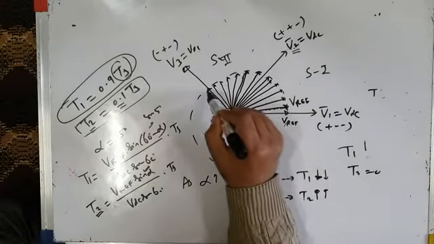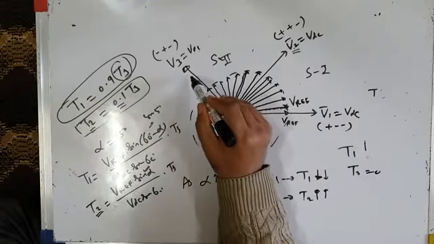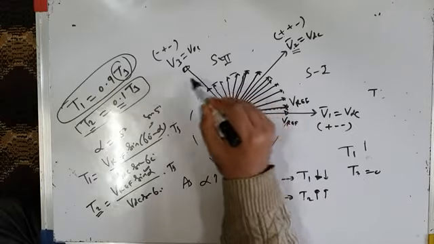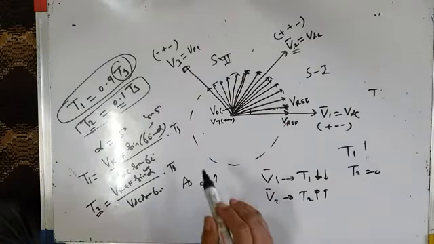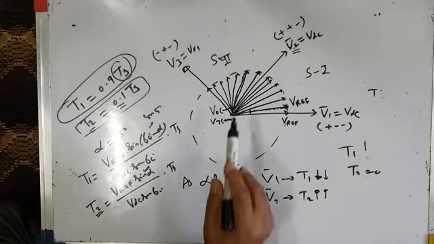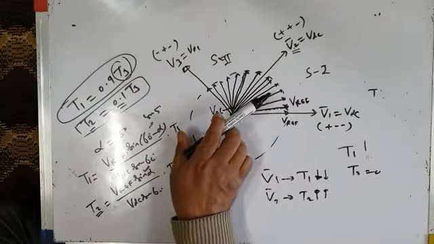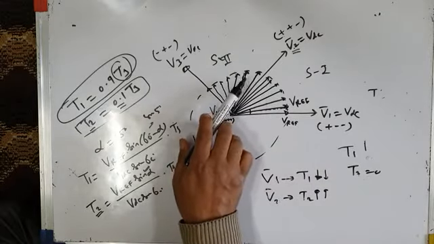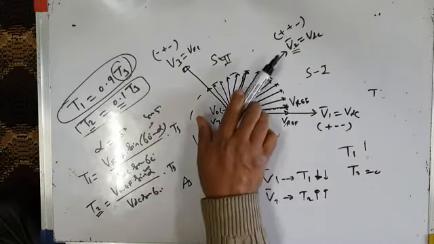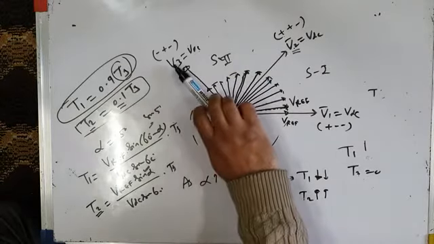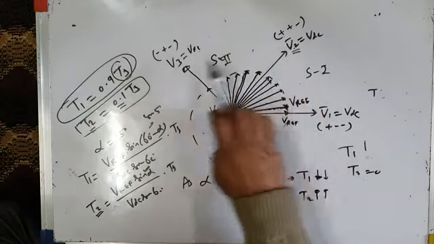When it aligns completely along V3, at that time T1 is 0, T2 is maximum. So therefore this rotating reference vector will keep on rotating in sector 2 by applying voltage vectors V2 and V3 for time intervals T1 and T2.